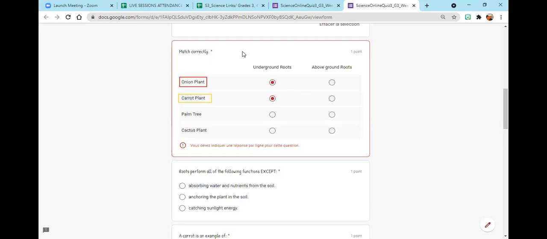What about the palm tree? It's a tree and it uses its roots to absorb water and minerals. It has a stipe, which is a stem that grows above the ground. But what about the roots of the palm tree?